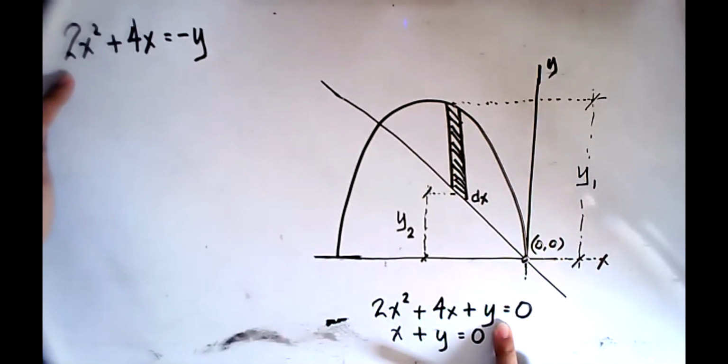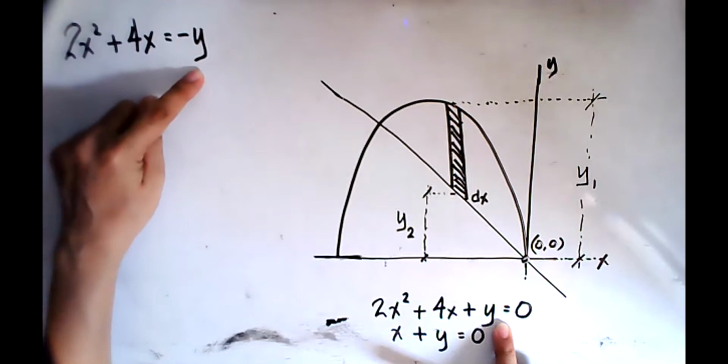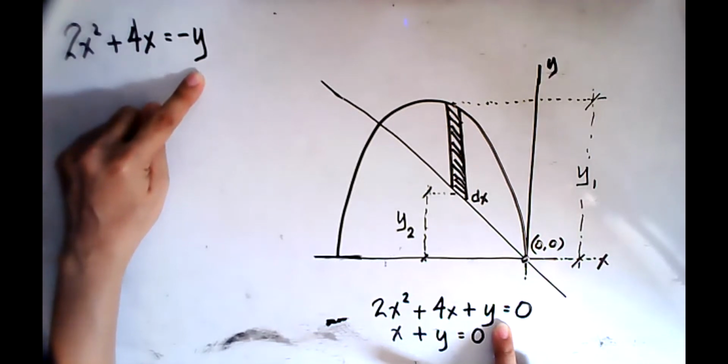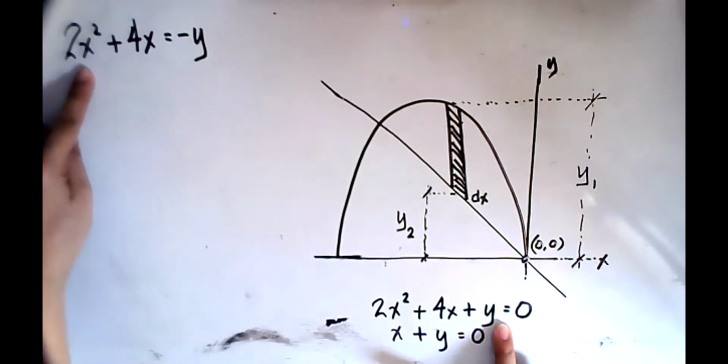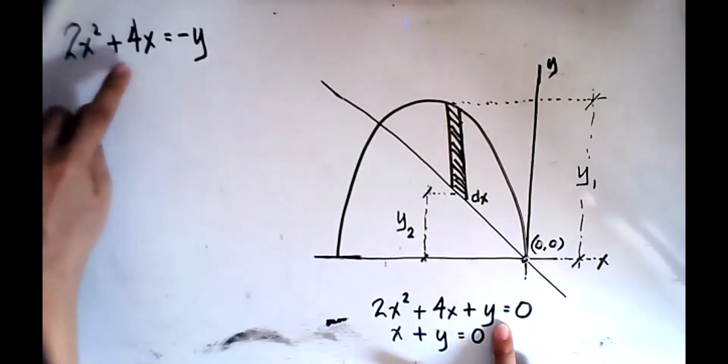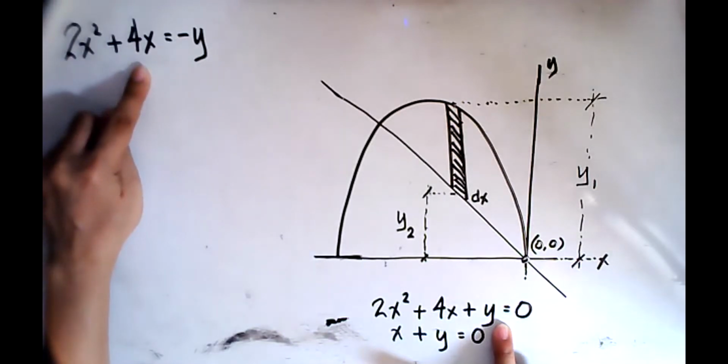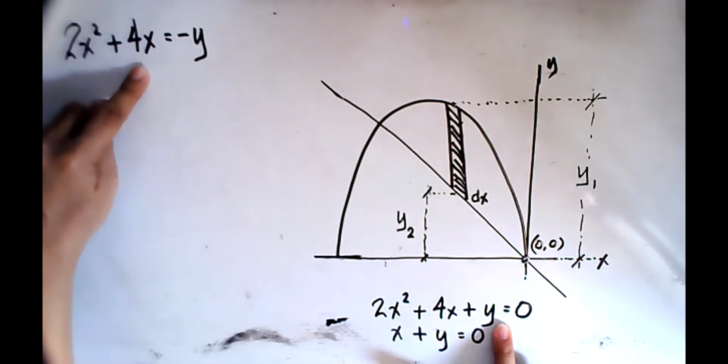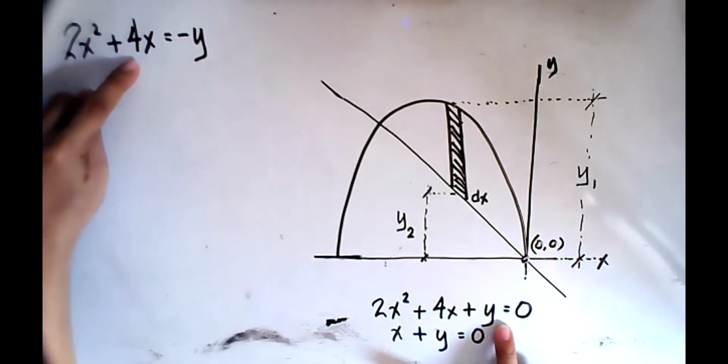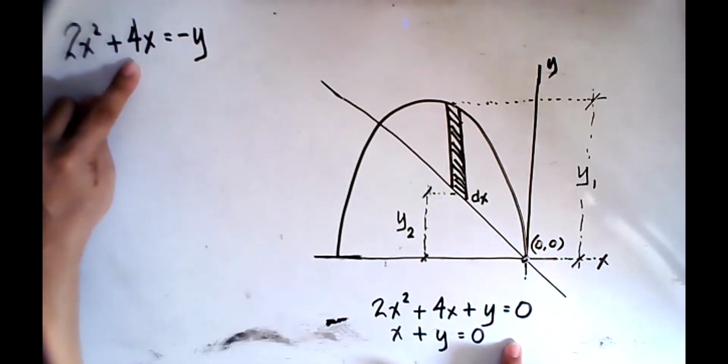So you have 2x squared plus 4x is equal to negative y. Since we have 2x squared and 4x, we can determine a common factor for this. So what's the common factor of this? 2x?